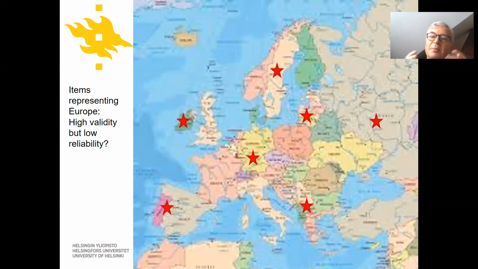So quite often the situation is that you have a more fuzzy, more broad concept, such as Europe, for instance, with different subparts, states, and then you don't want to hit only one part of it, even if that would get you the best possible reliability.